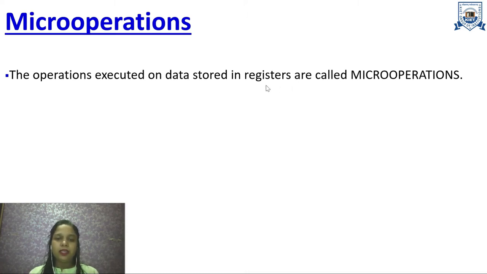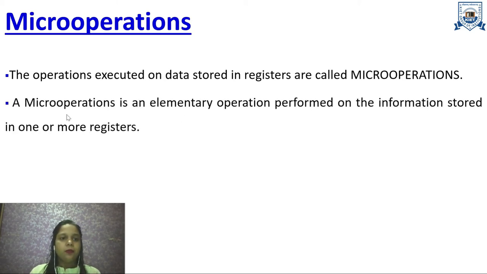If we are assigning a value from one register to another register, this operation is also a micro operation. A micro operation is an elementary operation performed on the information stored in one or more registers.